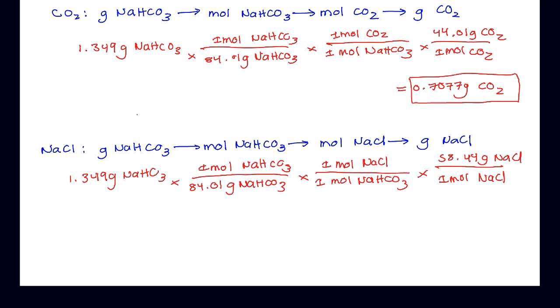Always check to make sure everything cross cancels. So the last thing is, go ahead and plug it into your calculator and you should get 0.9384 grams of sodium chloride.